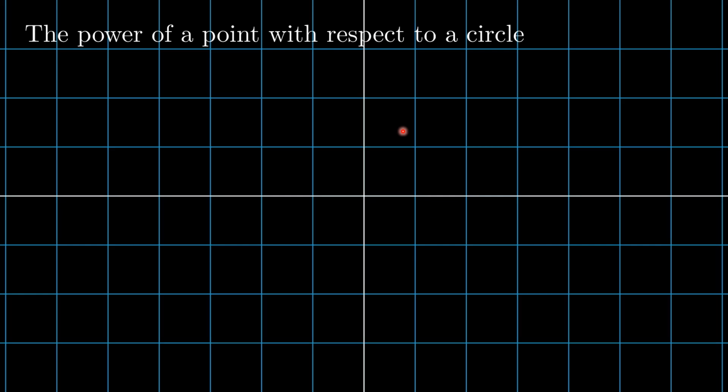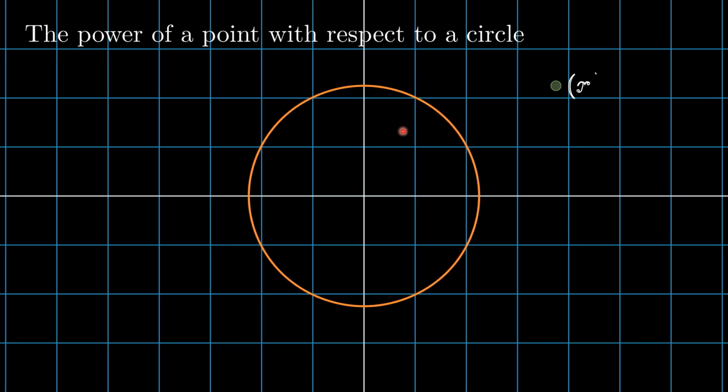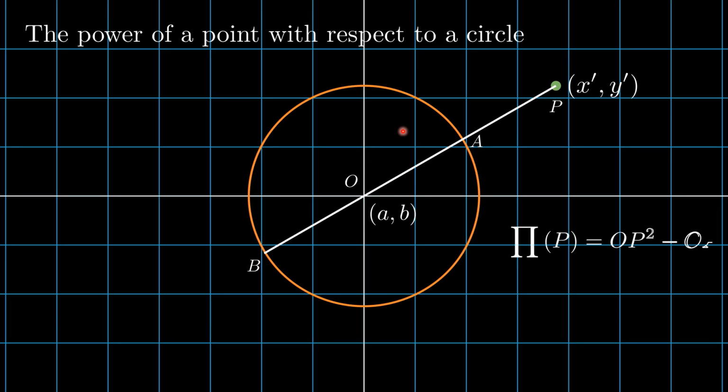So one other thing we would like to look at is the power of an external point relative to a circle. If we have a circle and a point that is external, a point P, whose coordinates are x prime, y prime, then we draw a line through the center of the circle, with points B and A touching it.